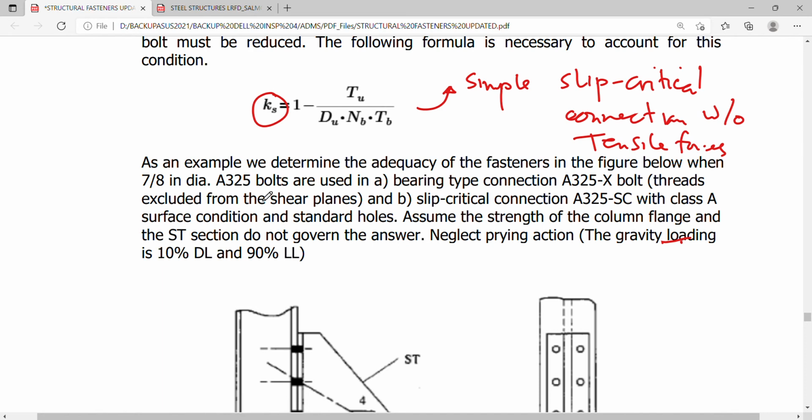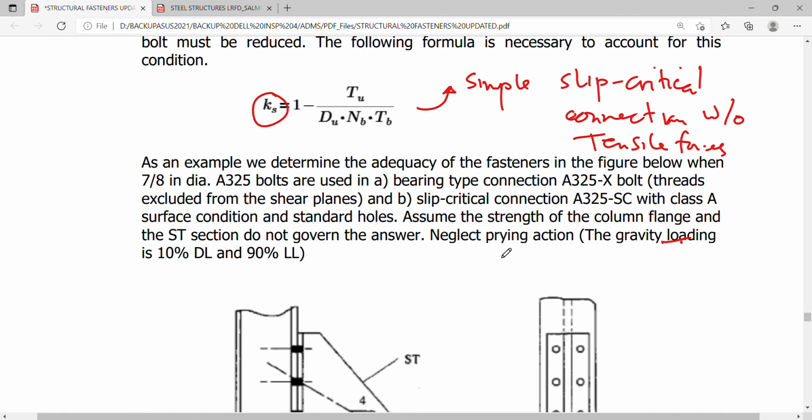So we're considering A325 bolts used, threads excluded from the shear plane. A slip critical connection A325-SC with class A surface condition and standard holes is also considered. Assuming that the strength of the column flange or the ST connector section does not govern in the design, and neglecting prying action, we simply determine the adequacy of the fasteners.